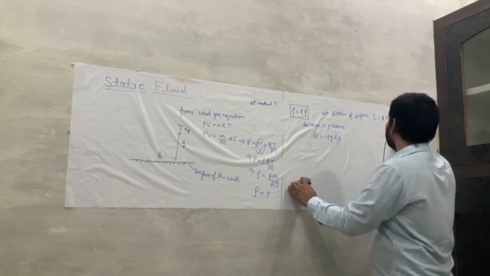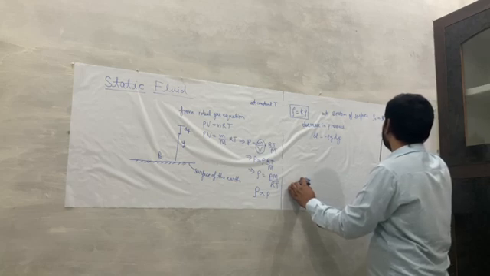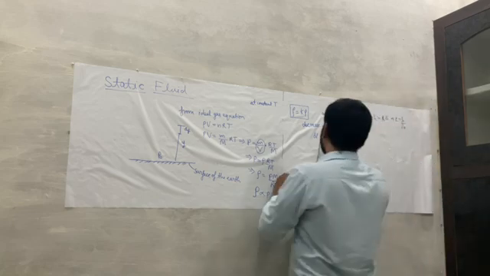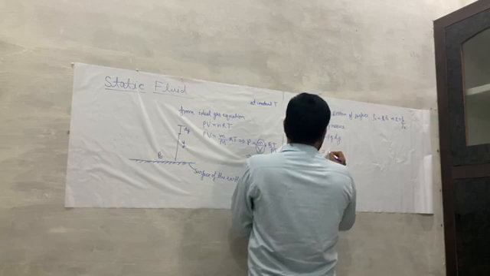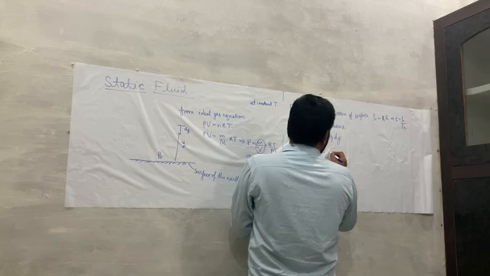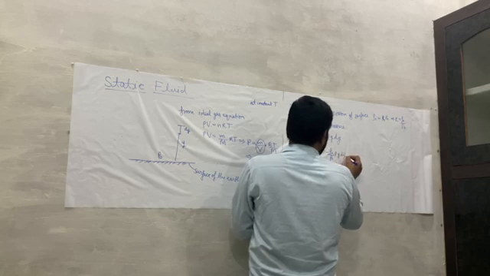From here K equals rho naught by P naught. So we can write dP equals minus rho naught by P naught into P into g dy.